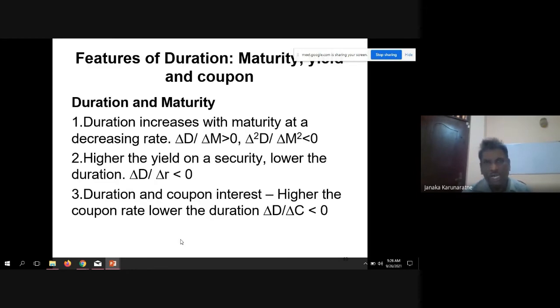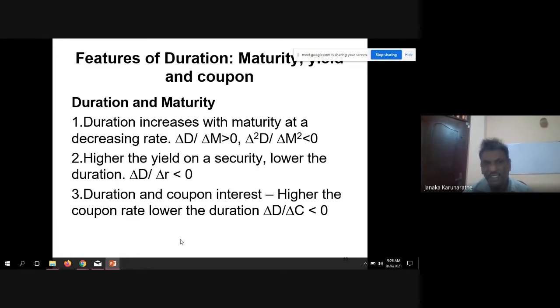Now look at some features of duration and maturity. The duration increases with maturity at a decreasing rate. What do you mean by that? When the maturity increases, duration also increases. But as you move over to longer maturity, the duration increase is slower.